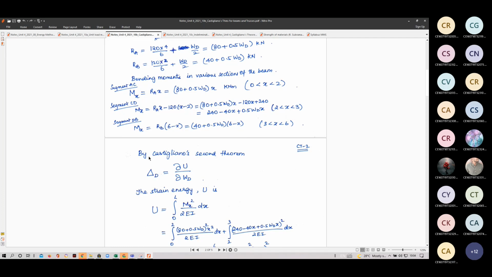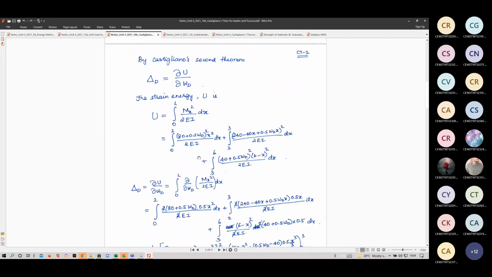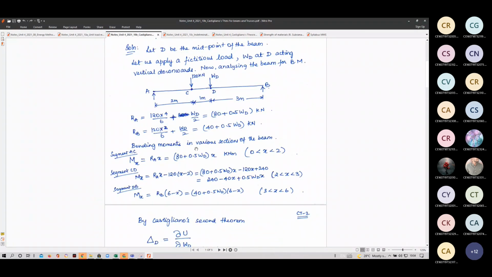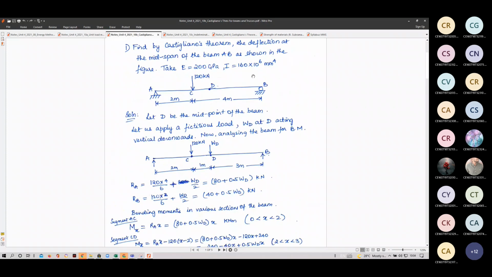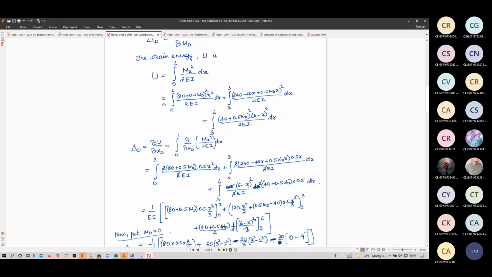Now we find the strain energy. The strain energy here is M square by 2 EI. Throughout, E and I are constant. They are not changing, so you can take E and I out, or leave them at the bottom.